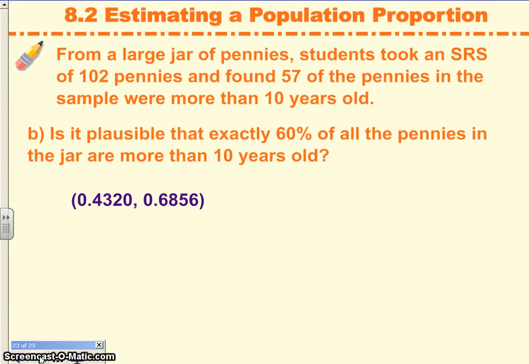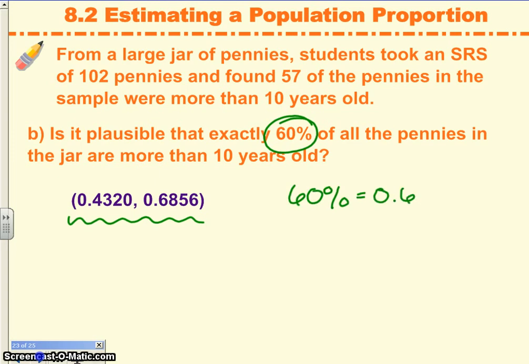So here's our same jar of pennies. We took our same simple random sample, all the same information from before. Part B, is it plausible that exactly 60% of all the pennies in the jar are more than 10 years old? Well, here's our interval we just calculated, and we're asking, is 60% a possible value or a plausible value for the true proportion? Well, 60% equals 0.6.